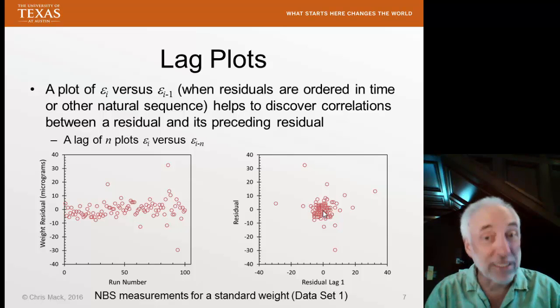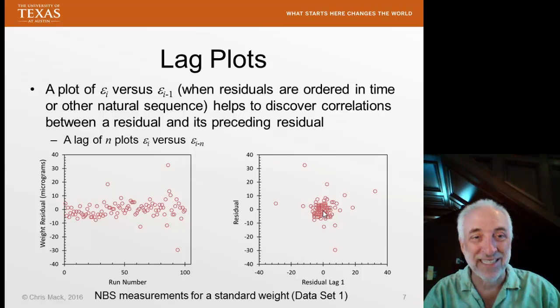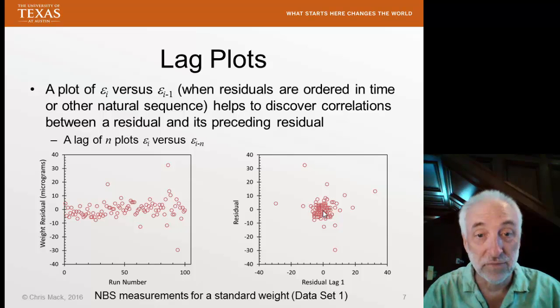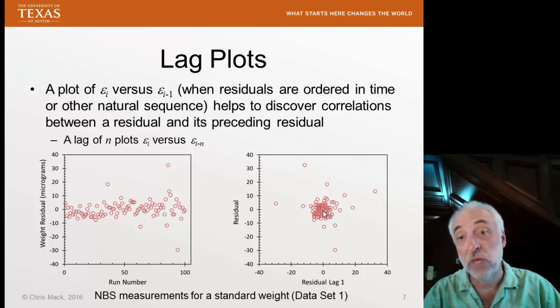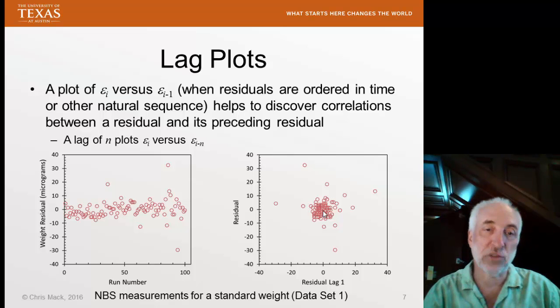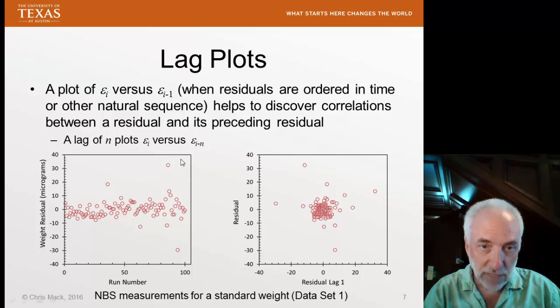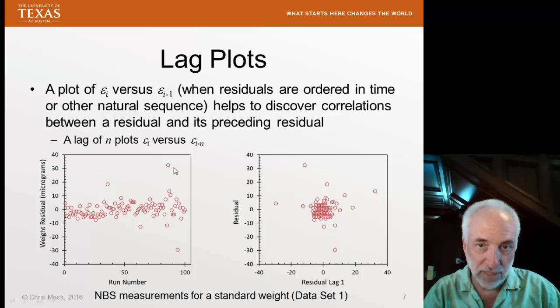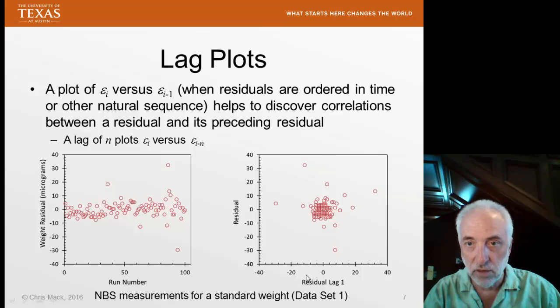Quick note, almost every data point, except for the first or last, is plotted twice in this graph. So for example, here's kind of an extreme data point, a value of about 33 or something. Well, we see that point here, 33, when it's the residual, and then the previous residual happened to be minus 18 or something, minus 15.